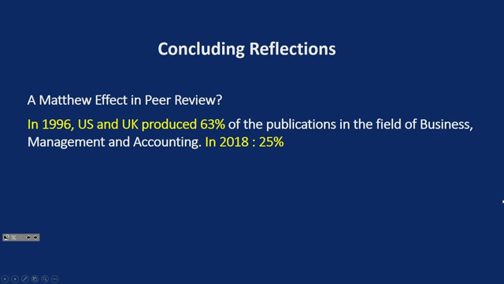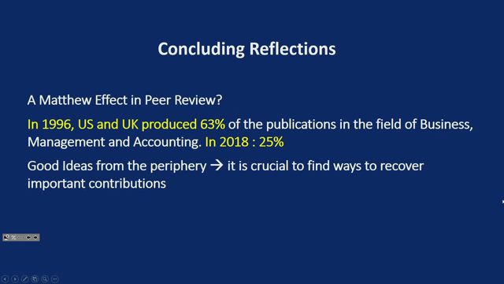So arguably, many good ideas are produced in the periphery of the system, and it is very important to find a way to recover such important contributions, and in other words, to study ways to expand the developmental functions also in low-ranked journals.